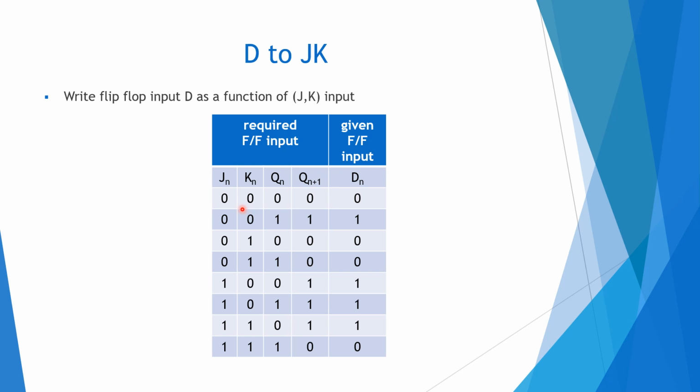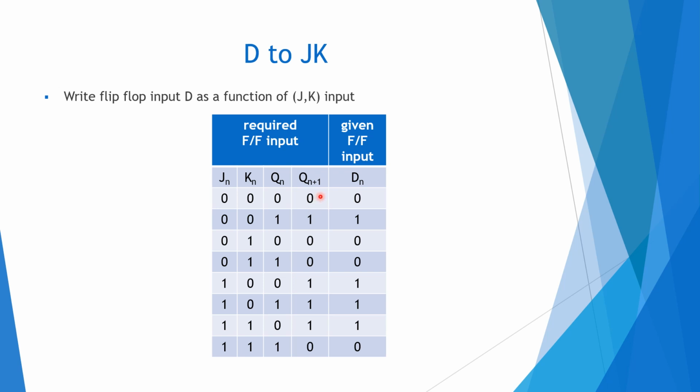So Qn is written here as Qn. When Qn changes from 0 to 0, the input Dn is 0, and 1 to 1. So you can just write the same order as this one.